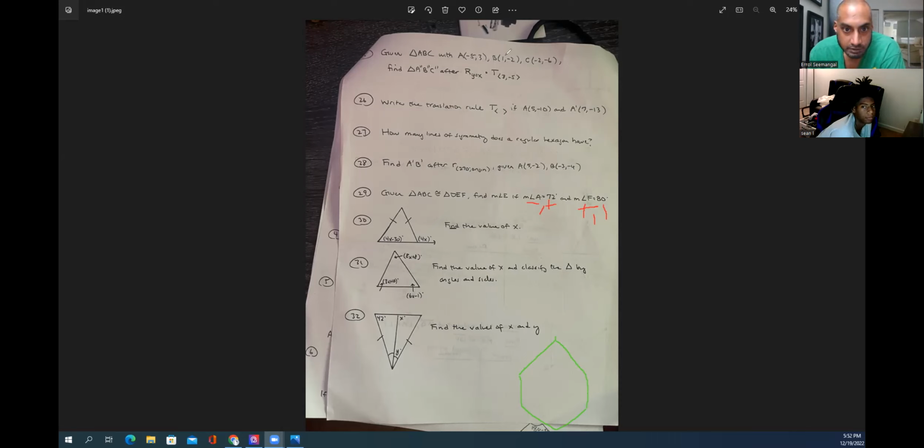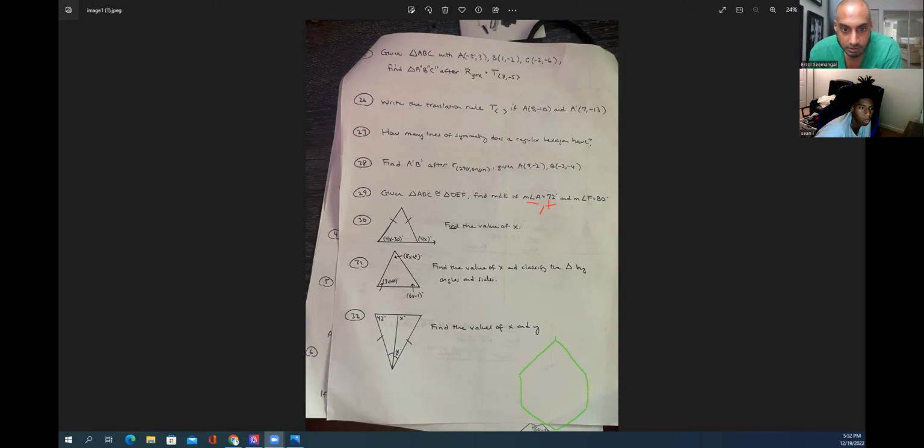All right, 29. Given that triangle ABC is congruent to triangle DEF, find the measure of E if the measure of A is 72 and the measure of F is 80. Okay, so draw a diagram. Erase that green hexagon on the bottom.